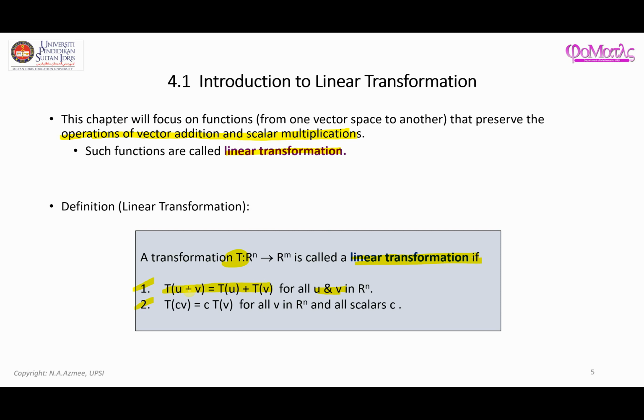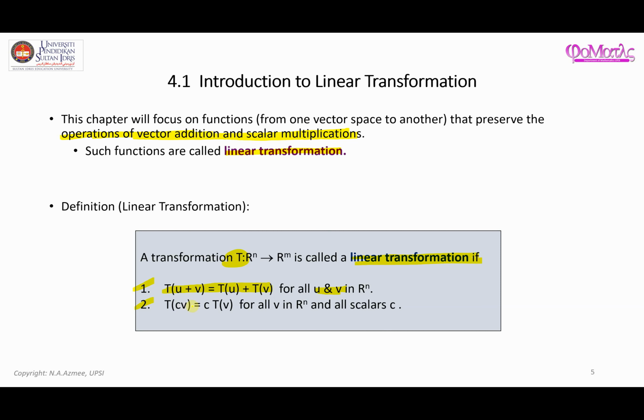So if you consider adding the vectors first, then finding the transformation, the result is the same as if you do it separately. For example, you do one vector first, get the transformation of one vector, Tu, plus do it for another one, and you just add them together. So that is vector addition. So you preserve the operation of vector addition.